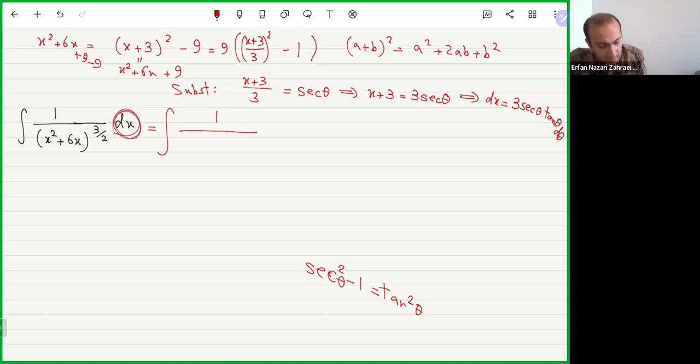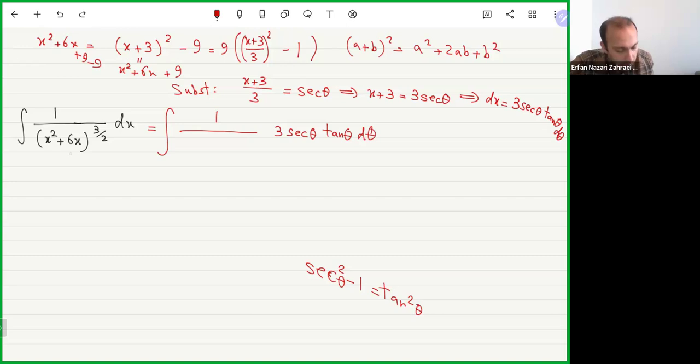So this dx term is 3 secant tangent d theta.